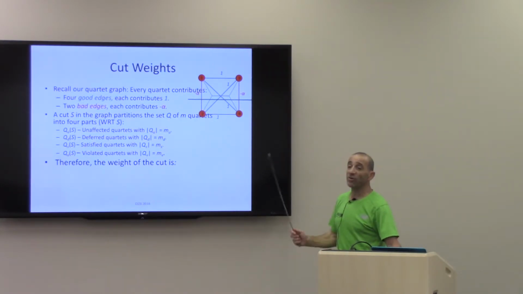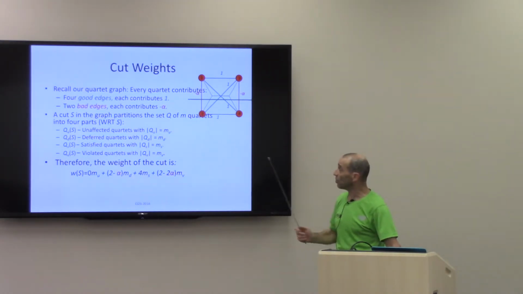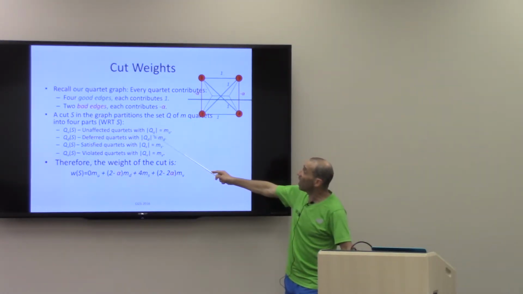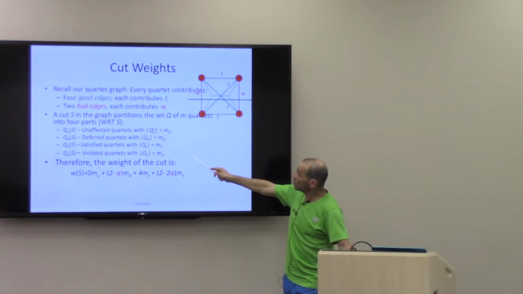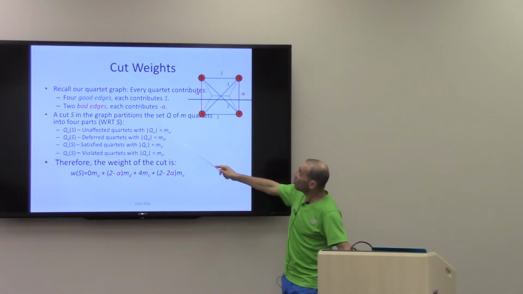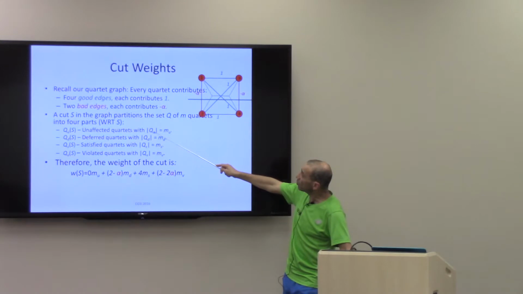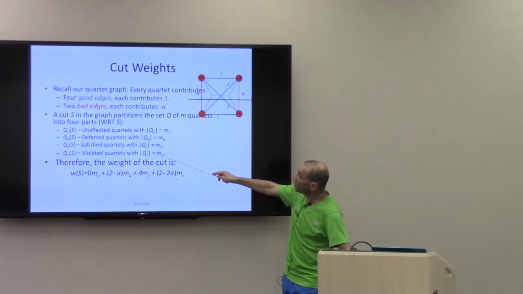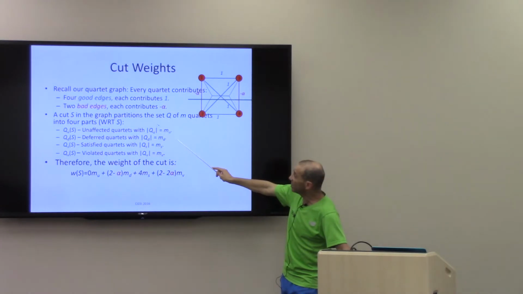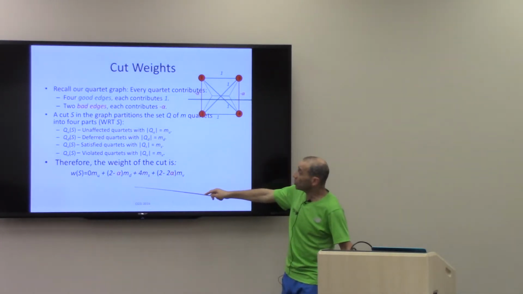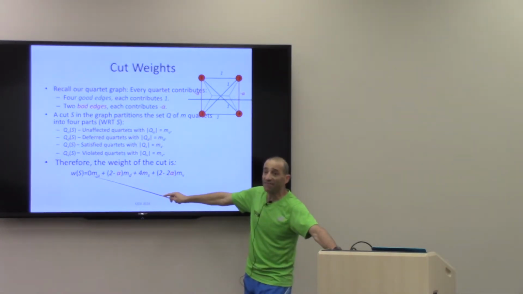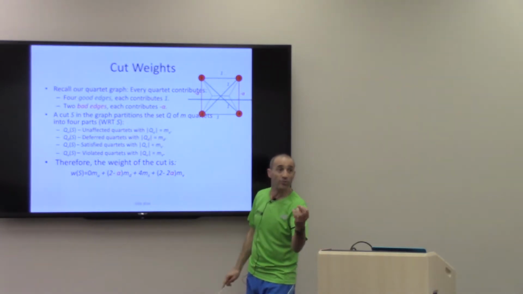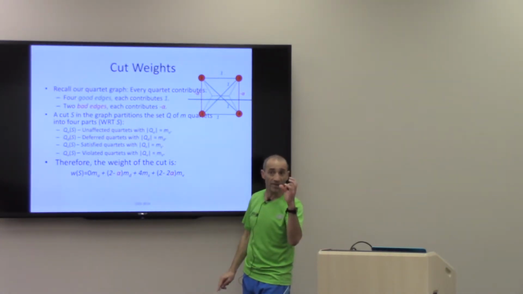And the weight of the cut S is as follows. This is a partition of our Q. Every quartet is either here, here, here, or here, and these are the sizes of them. The unaffected ones contribute 0 to the cut weight.